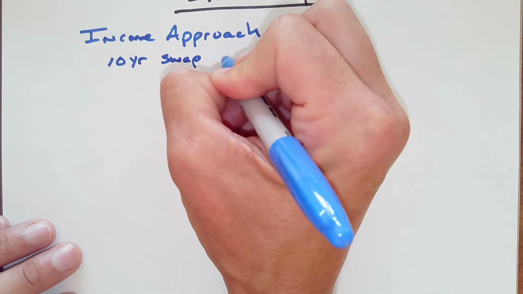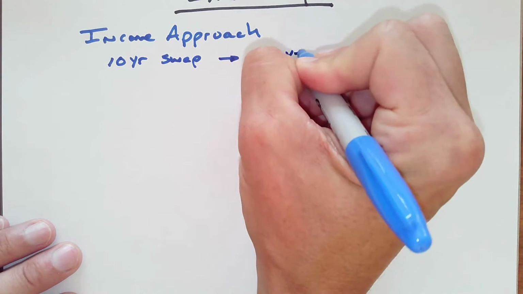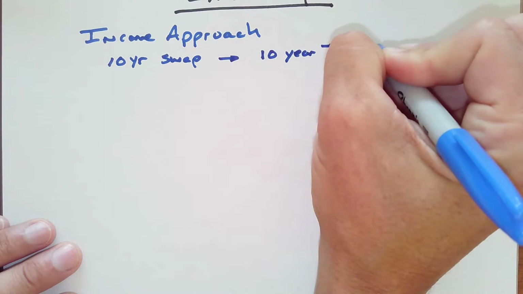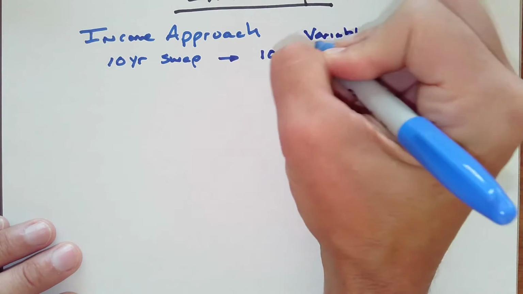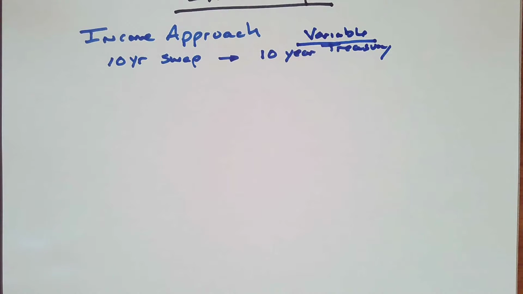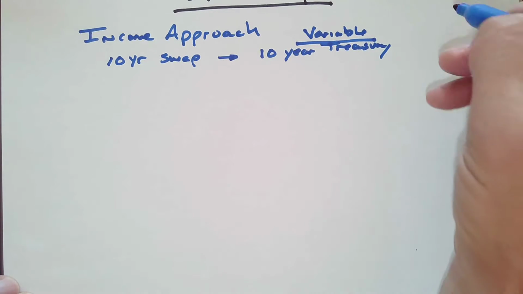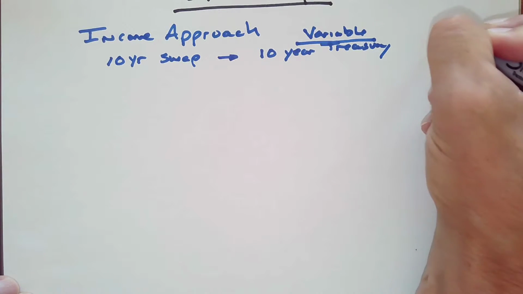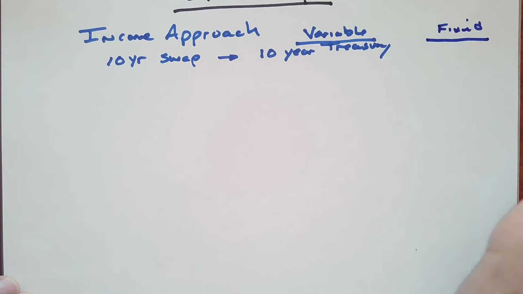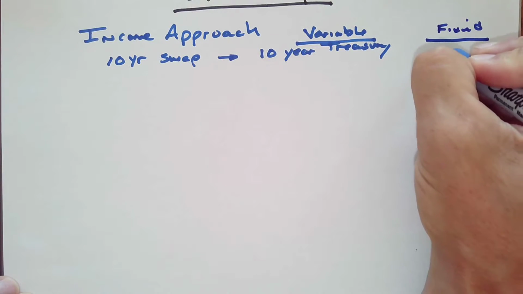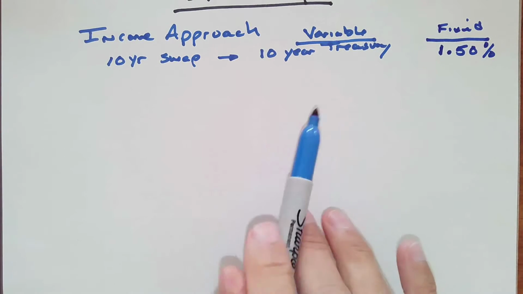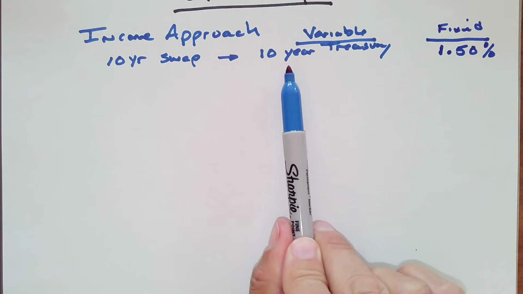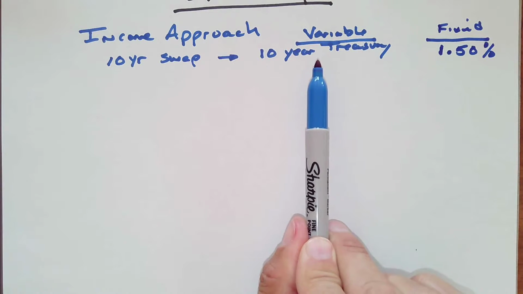So they're going to swap the 10-year treasury, this is the variable leg, for a fixed rate of, let's say, I'm just putting a number out there, 1.50%.